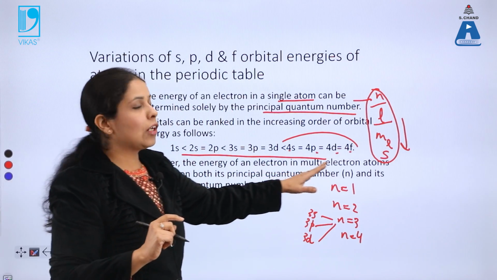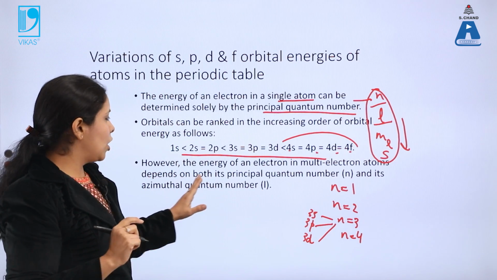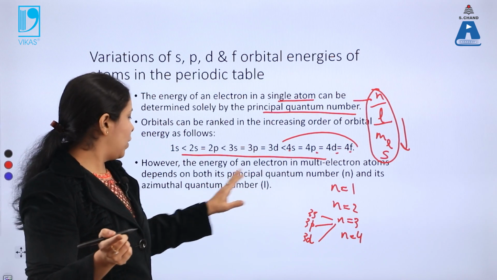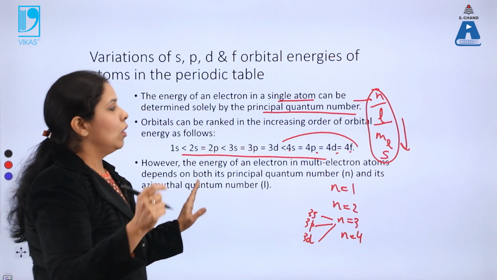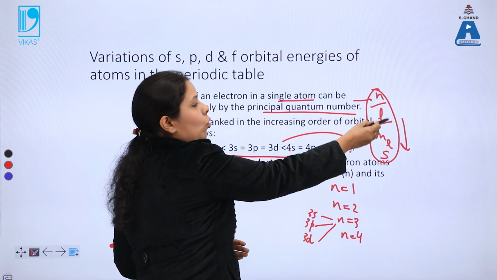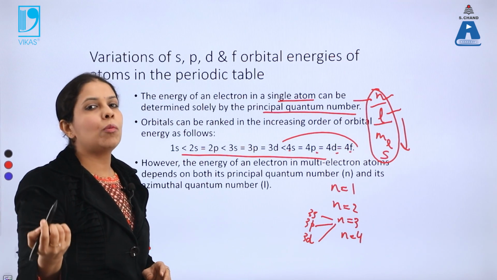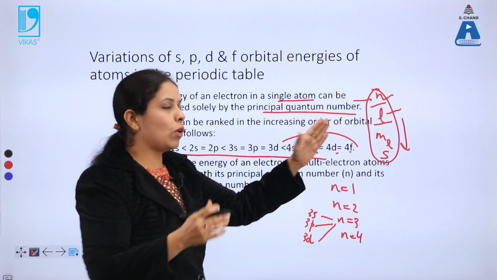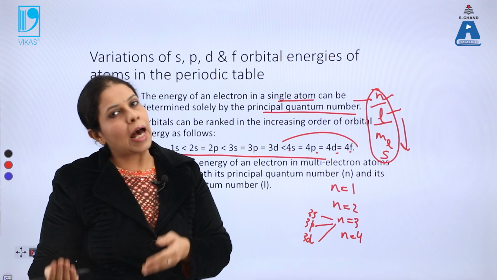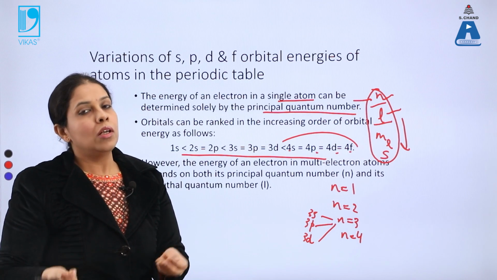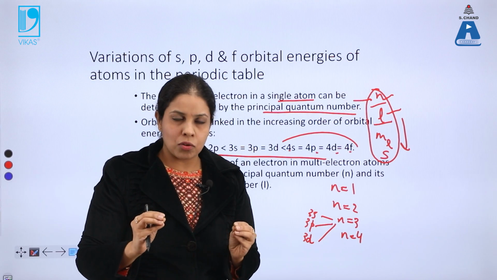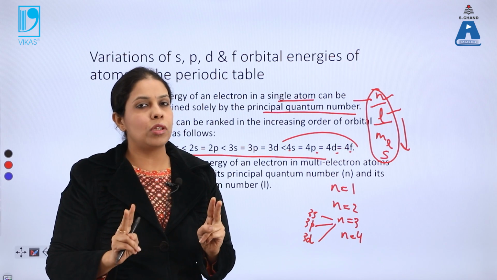However, the energy of an electron in multi-electron atoms depends on both the principal quantum number and the azimuthal or angular momentum quantum number. L is known as the azimuthal quantum number and the angular momentum quantum number as well. So when we are considering a multi-electron system, we have to consider both values.